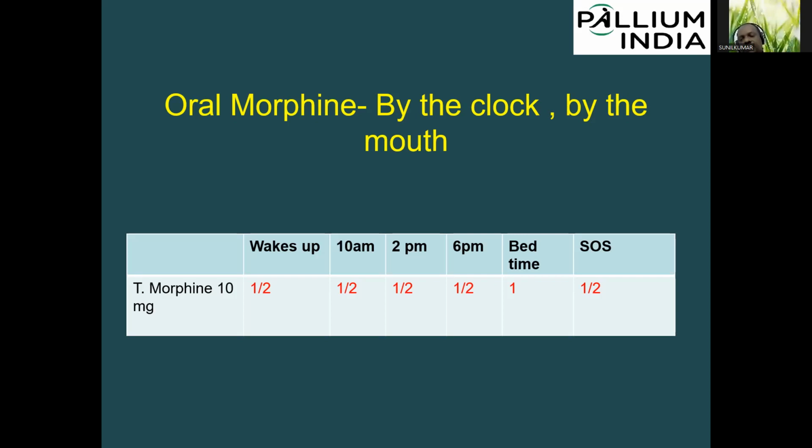And in addition, we can also give an SOS dose. So in this patient, 5 milligram is the regular dose you were giving, and the SOS dose would be the same as the regular dose. So 5 milligram can be given in addition to the regular dose if the patient has pain.